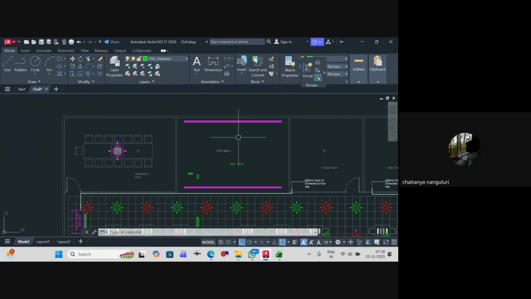No, you should not, because there's a partition wall. If the partition wall is there, you have to consider it a separate zone altogether. If there's a fire in the conference room, how will it enter the collapse space, or from the collapse space into the conference room? Understood? Yes, sir, clear.